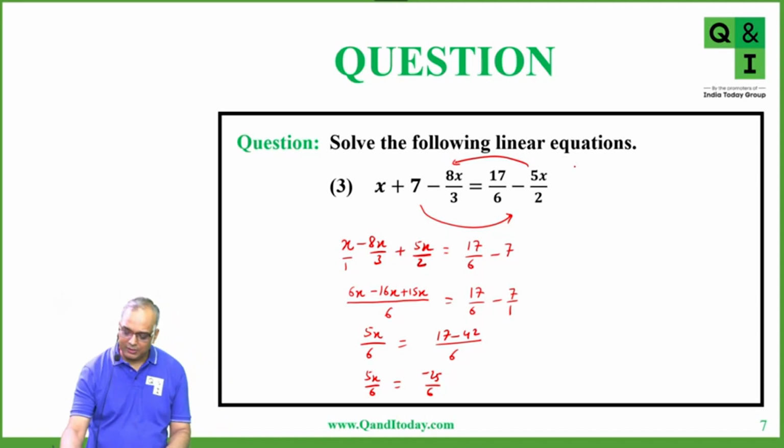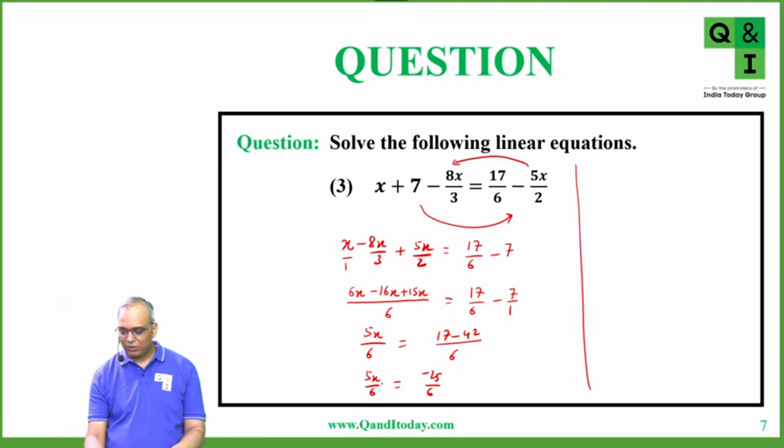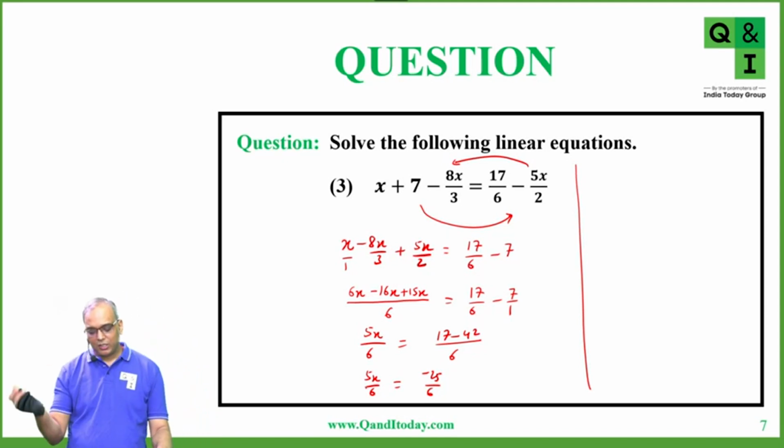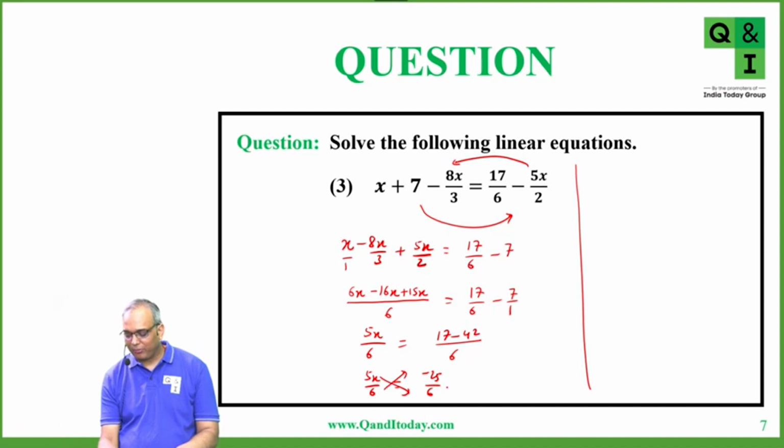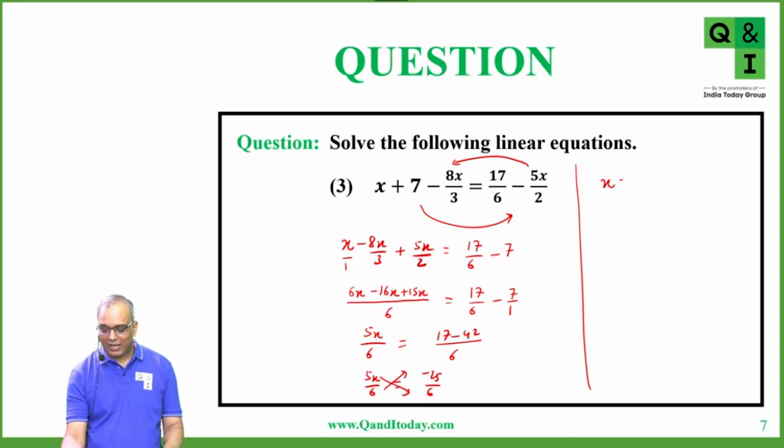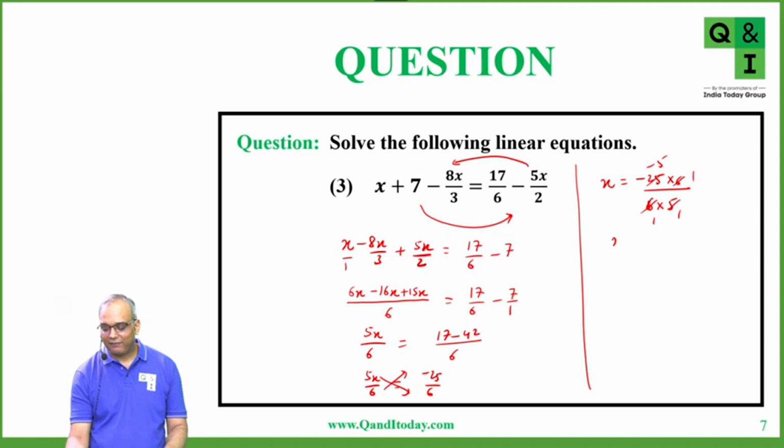Okay, good. Now, students, because we have to find the value of x, we'll take 6 from the denominator to the numerator on the other side and 5 from the numerator to the denominator on the other side. So our x will become minus 25 into 6 divided by 6 into 5. This 6 gets cancelled and here this 5 gets cancelled.